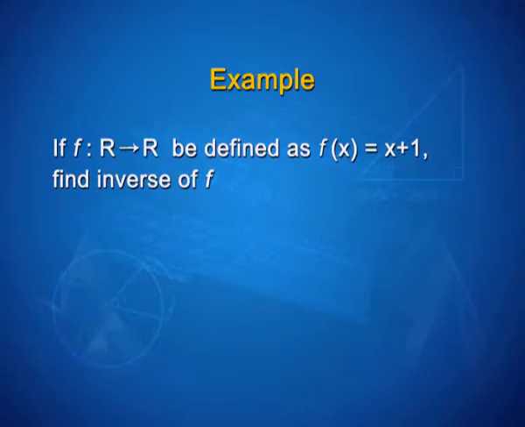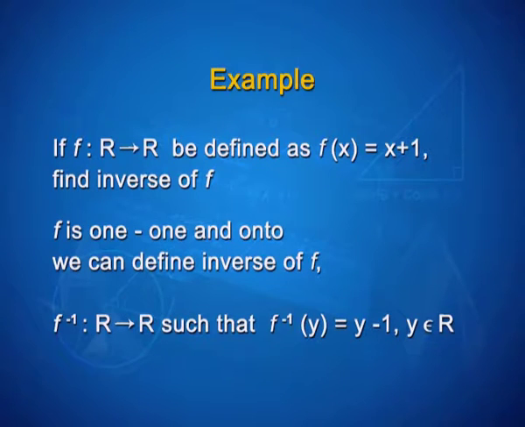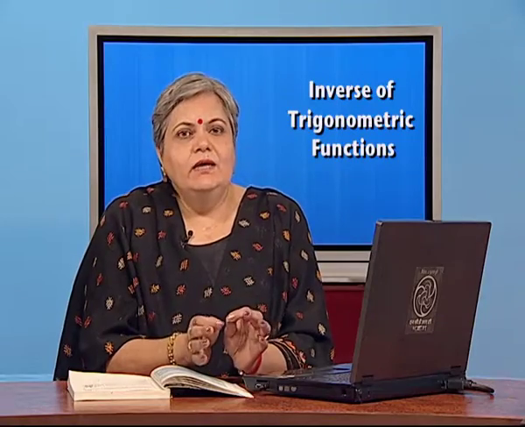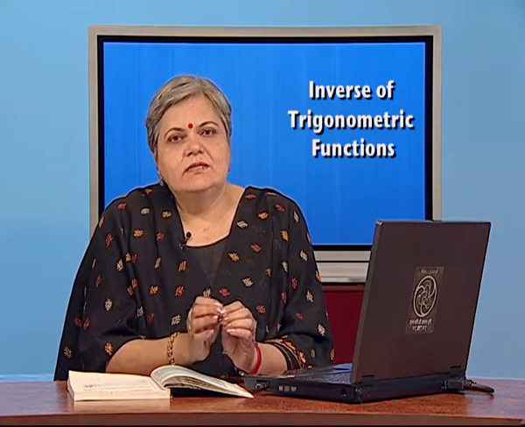And so, we have the function f as 1-1 and onto, and the inverse of it defined as a function from real numbers to the real numbers such that f inverse of y is equal to y minus 1, where y belongs to real numbers. Now, y is used here only as a symbol.